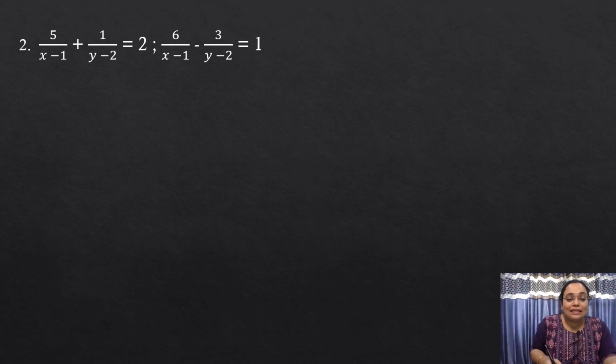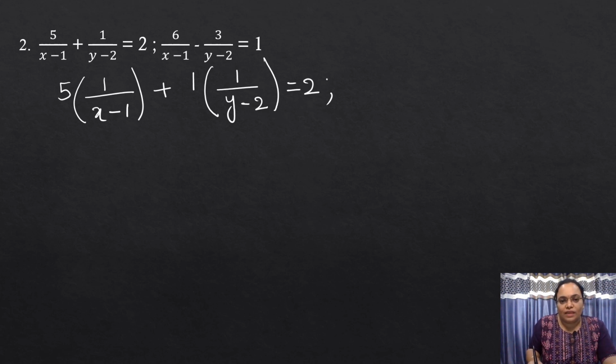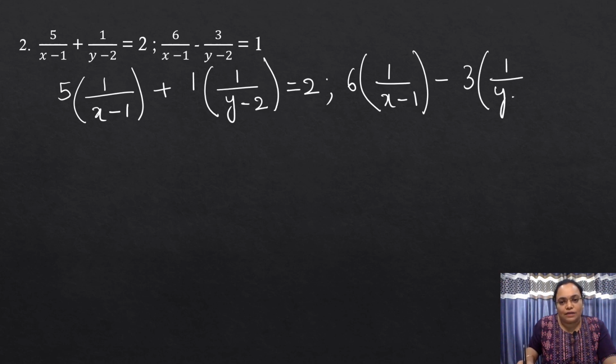So, this can be written as 5 of 1 by x minus 1 plus 1 of 1 by y minus 2 is equals to 2, and the next equation 6 of 1 by x minus 1 minus 3 of 1 by y minus 2 is equals to 1.